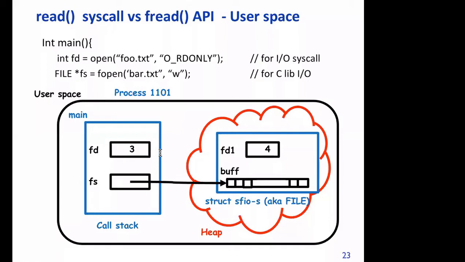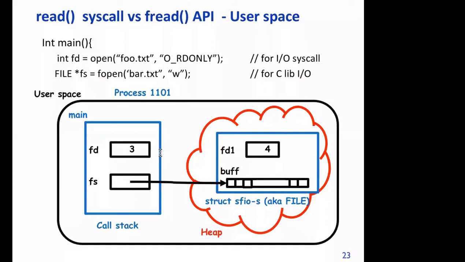It cannot be part of the stack because usually it is a big size, and this file can be used by multiple processes. If it were part of the stack, then when the process that is making the call goes away, the buffer would go away too, so it has got to be part of the heap.